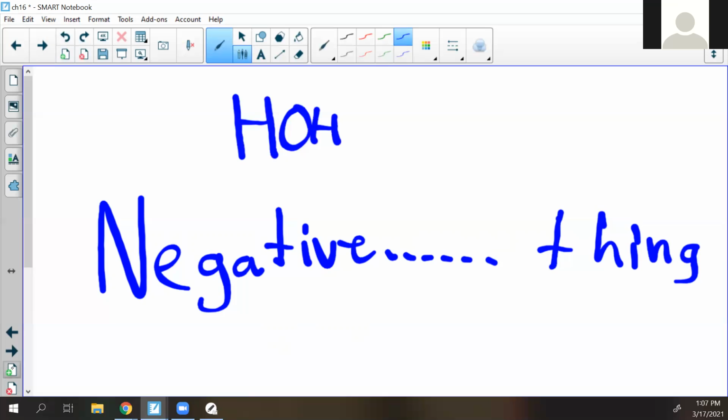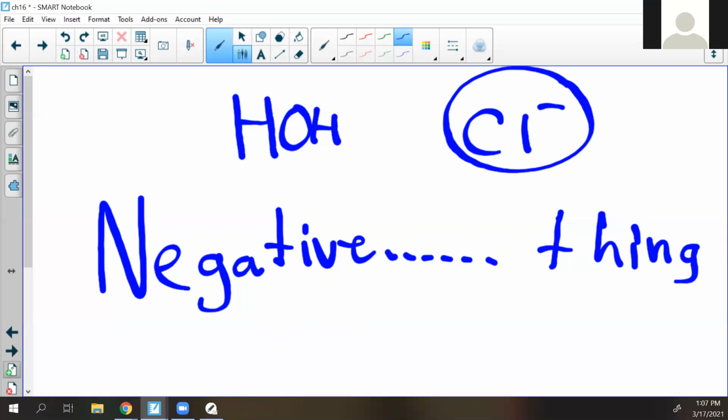So hydroxide is not the only base, though. We have Cl minus. That would act as a base, except it's the conjugate base of what? HCl, which is on the list of strong acids. So this is a base, but it's basically got a KB that's in the millions. It's not going to cause the pH to change at all.